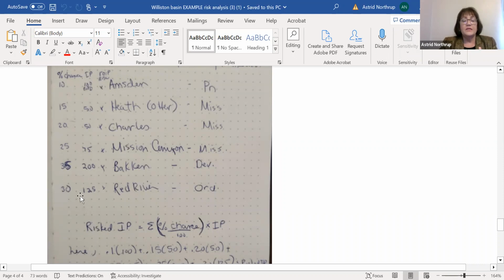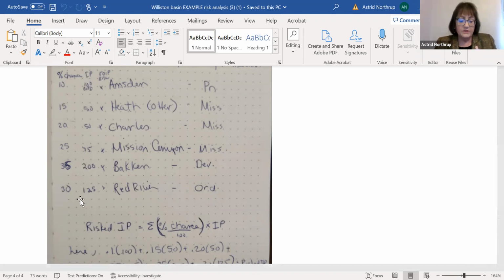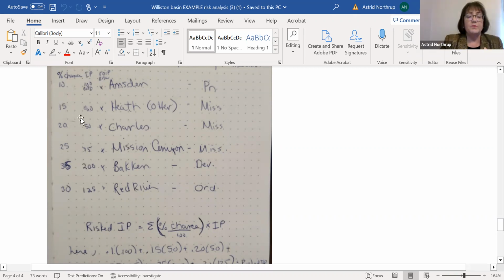Now, since I know that I can make a relationship between the initial production of an oil well and the ultimate number of barrels that I can recover, I have what I could expect if I do hit oil in that oil well, what my initial production or IP would be. So in the Amsden, 100 barrels, the Heath, 50, 50 in the Charles, 75 in the Mission Canyon, 200 in the Bakken, and 125 in the Red River.